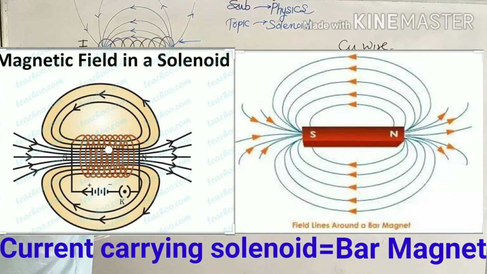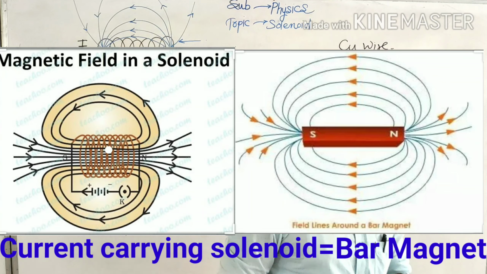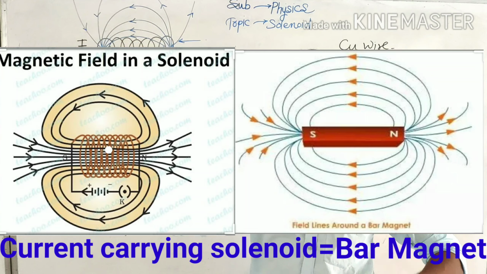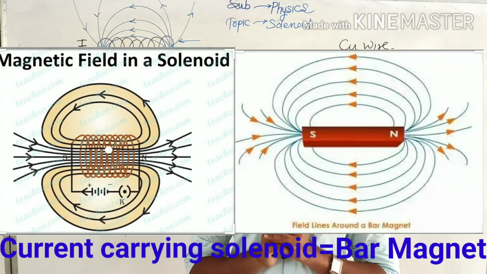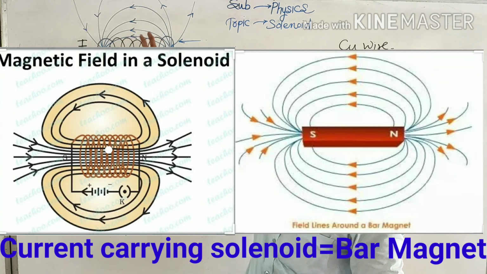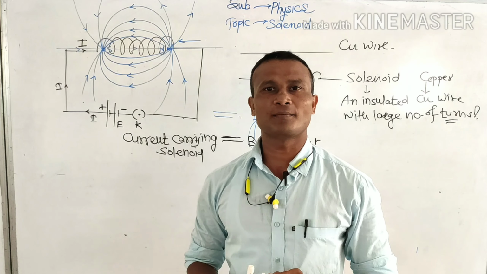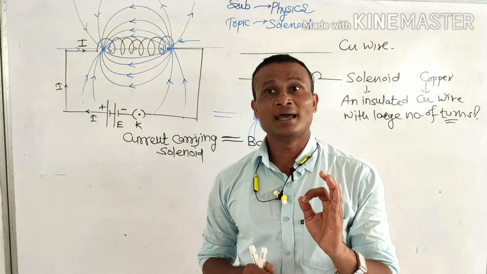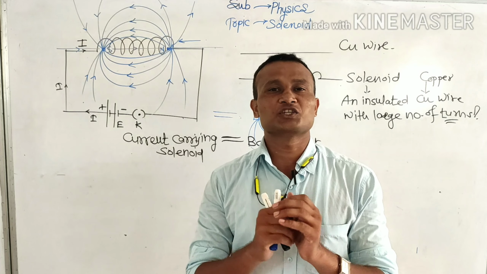If there is no current, it won't behave like a bar magnet. So this is a desirable quantity. Whenever we wish the solenoid to be like a magnet, we can. Whenever we wish that the solenoid should not behave like a magnet, we'll stop the current. This arrangement has practical applications in our life.